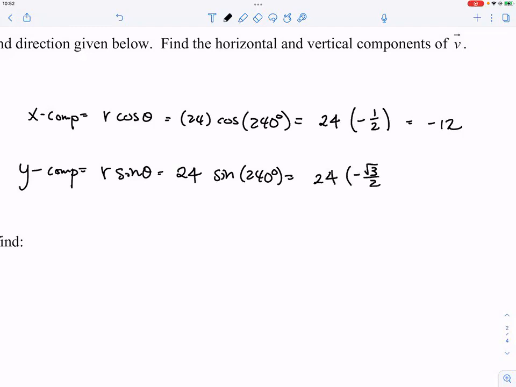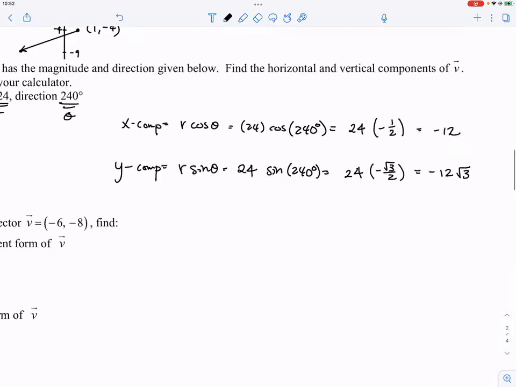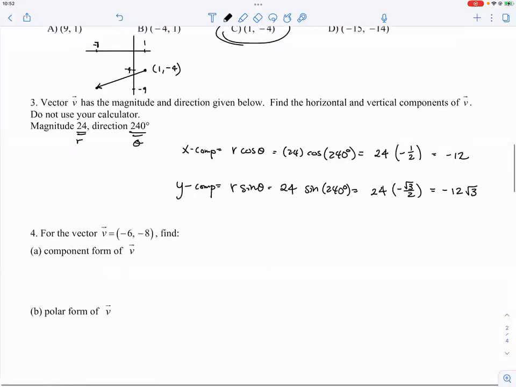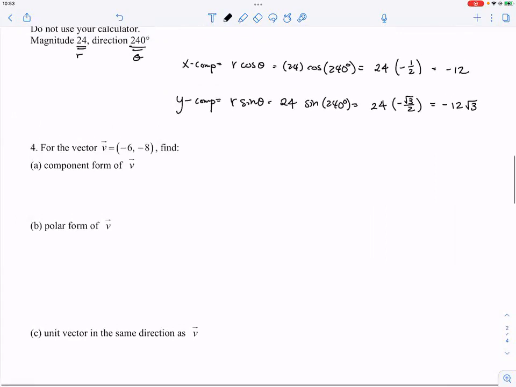Negative root 3 over 2, which gives you negative 12 root 3. So these are the x and y components. For nice angles, you do not use a calculator, but for other ugly angles, you would need to use a calculator.